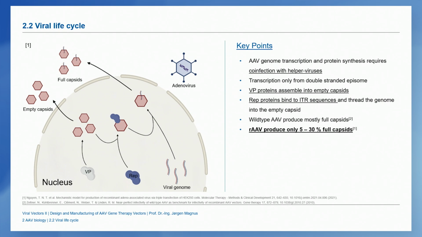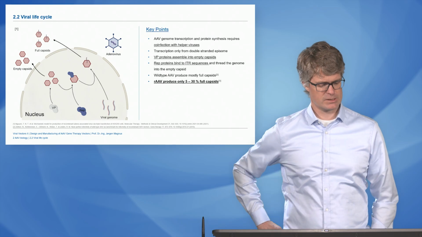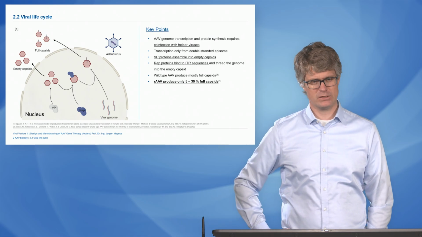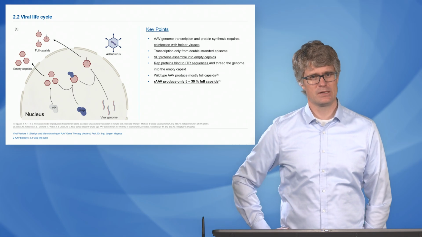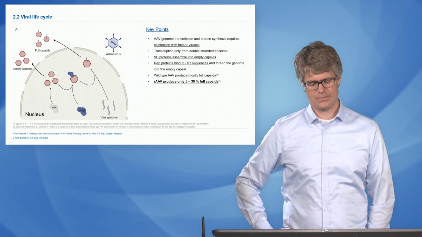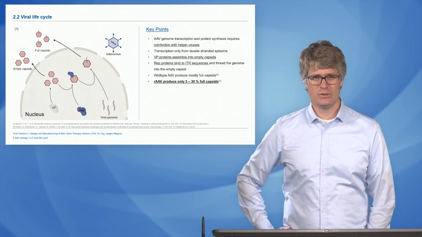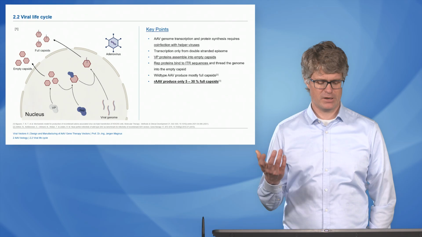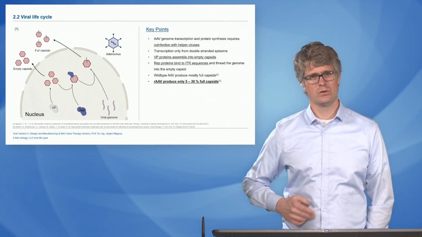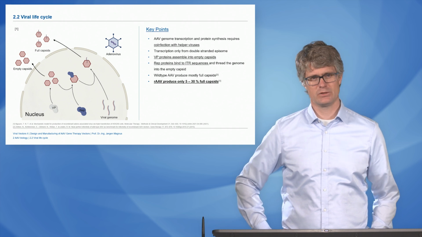And this is how the wild type replicates, only in the presence of an adenovirus or another virus that provides the helper functions. So then what can happen is that not all the capsids are full with a virus genome. It can also happen that empty capsids form. In the wild type, it's almost 100% full capsids, but when producing the recombinant, the modified AAVs, you can often end up with a very low ratio of full capsids, which is obviously not something that you want.